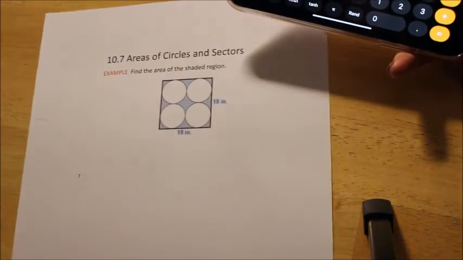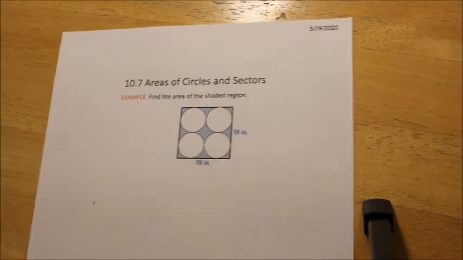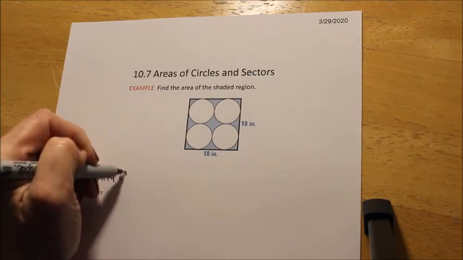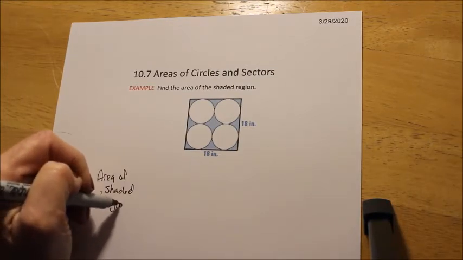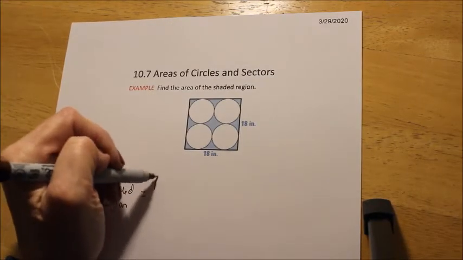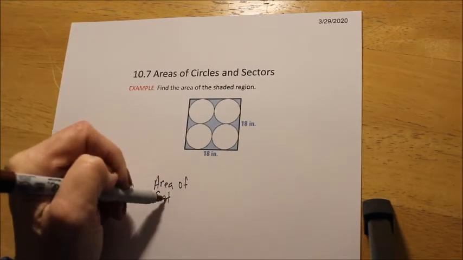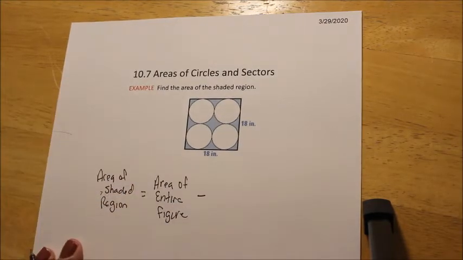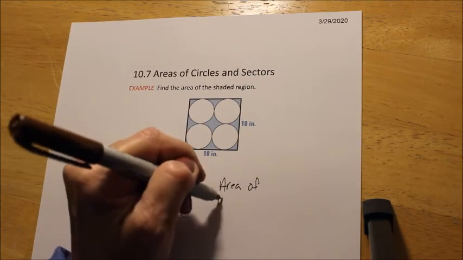The last example that I have is, taking that information, we're going to find what we call the area of a shaded region. So to find the area of a shaded region, what you're going to do is find the area of the entire figure and subtract the area of the unshaded region.